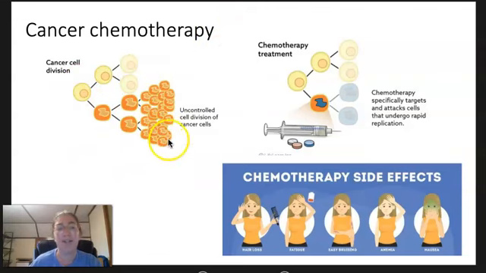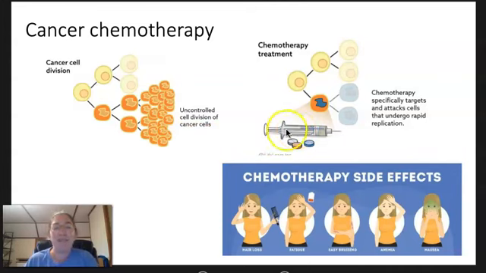They tend to be toxic to cells that are labile, that are constantly undergoing cell division. And so the cancer cells are not the only cells that are labile populations in your body that are fast replicating.